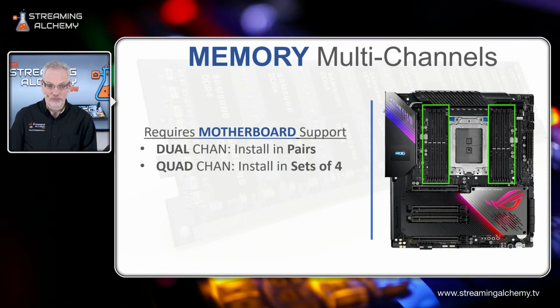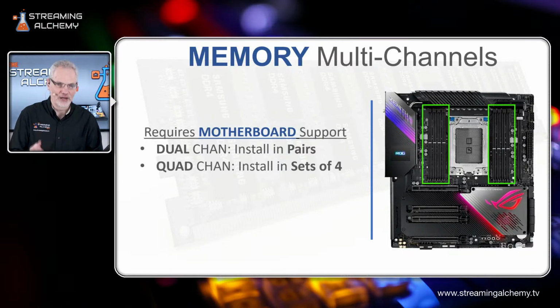Quad channel tends to be much more expensive and comes only on higher-end motherboards. But if you've ever built a system and you're always saying, oh, I've got to put the memory in together in pairs, one in slot 1 and one in slot 3, then the next ones go in slot 2 and slot 4, that's for dual channel, and that's the typical thing you'll see.